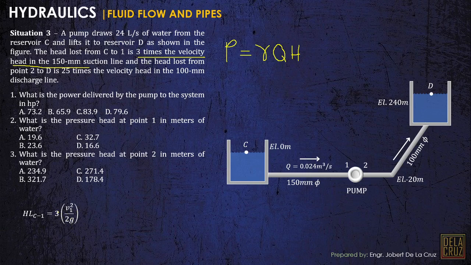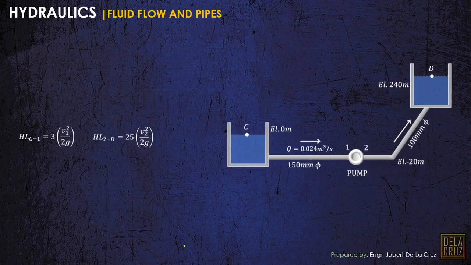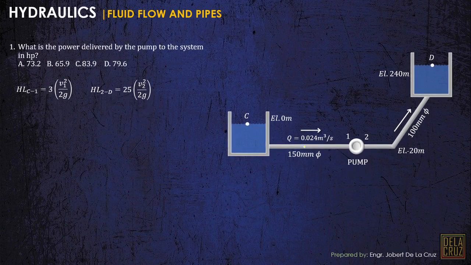So let's denote that one as 3 times V1 squared over 2g. Now, the head loss from 2 to D is equal to 25 times the velocity head in the 100 mm discharge line. So V2 squared over 2g. Now, let's calculate the velocity. Calculate natin velocity in this pipe.